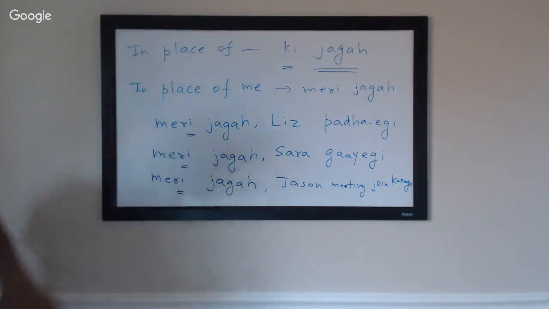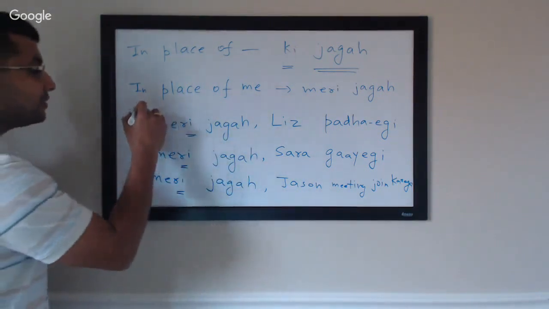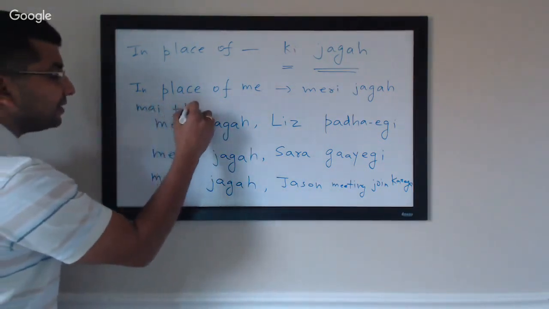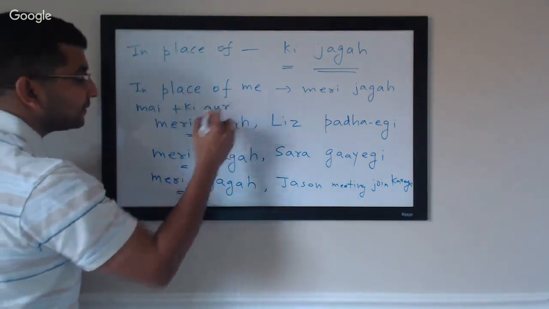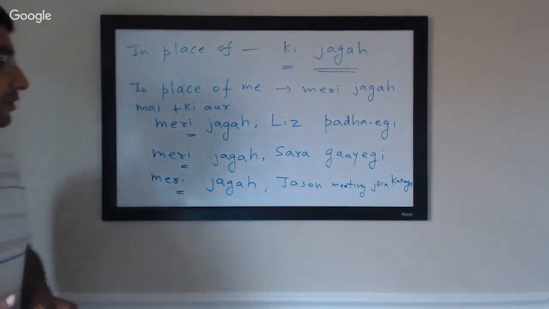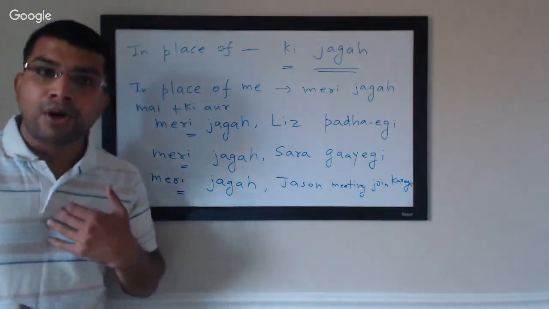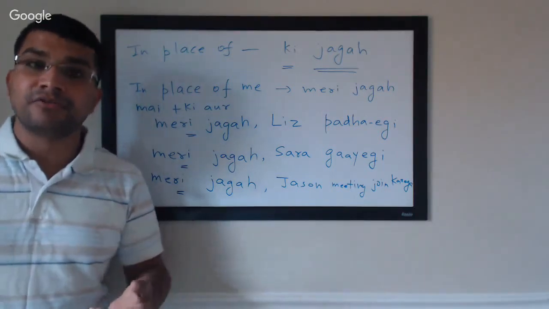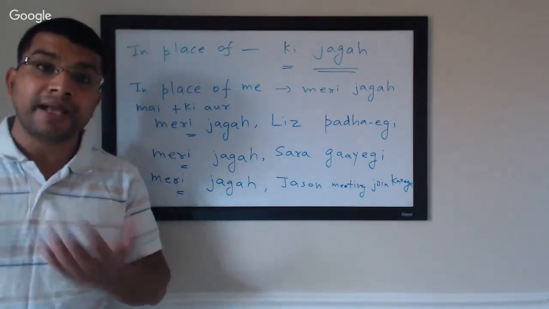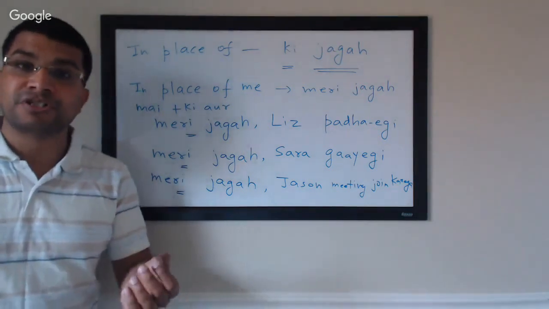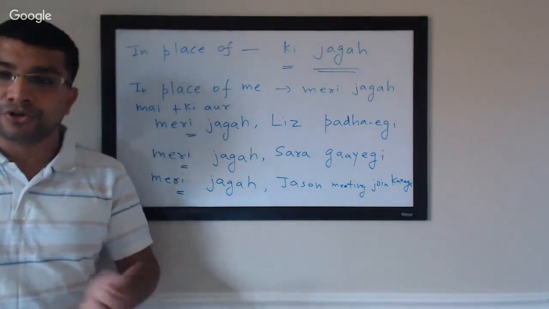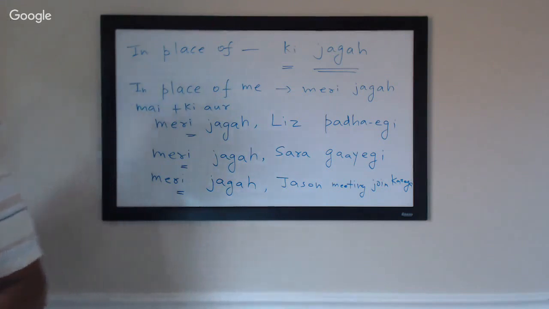So मेरी is nothing but a pronoun which is मैं plus की. When I say my mom, there's a की in that, right? So मेरी मम्मी or मेरी माँ, right? So I hope that clarifies it.